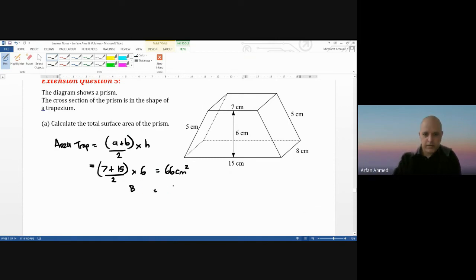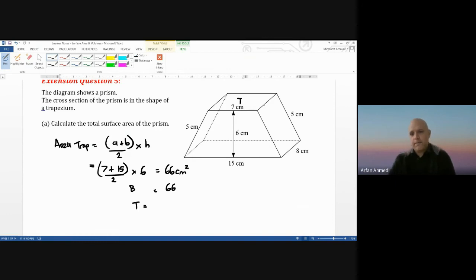That's going to be the same as the back. So the back is 66. Let's do the top, which is in the shape of a rectangle. That's going to be 7 times... What is that? Can we work that out?